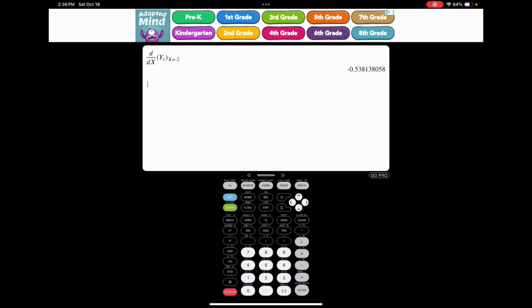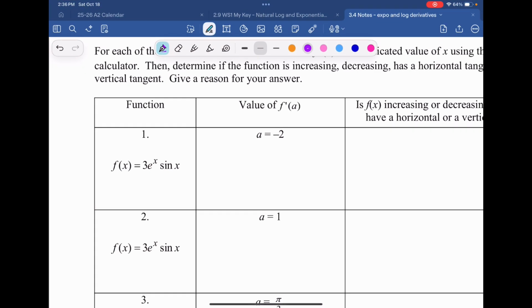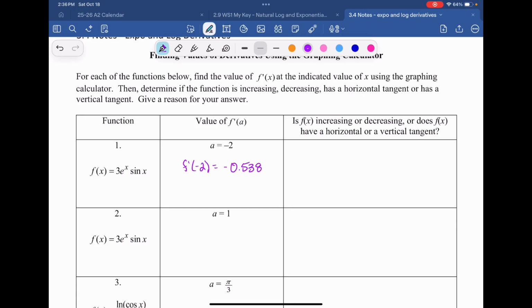All right, we only need 3 decimal places for AP Calc. So f prime of -2 is -0.538. All right, then it asks, is f of x increasing, decreasing, and so on.